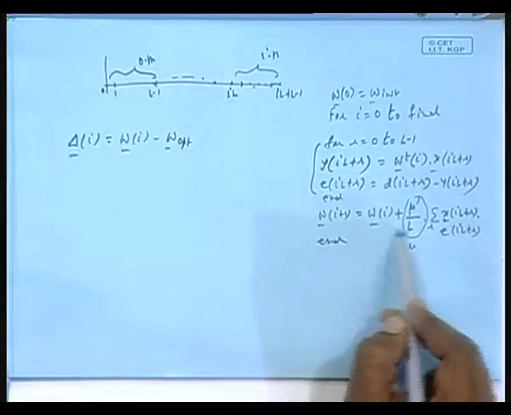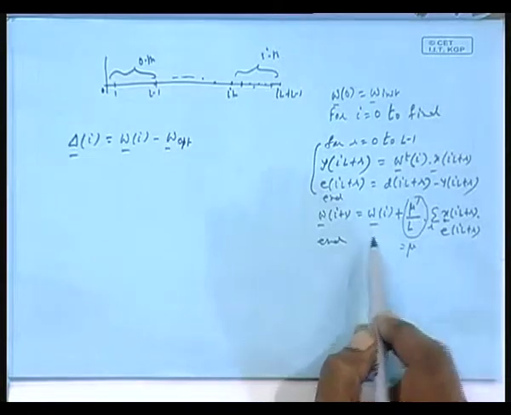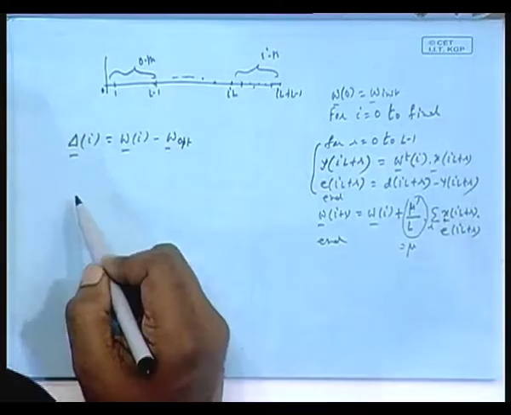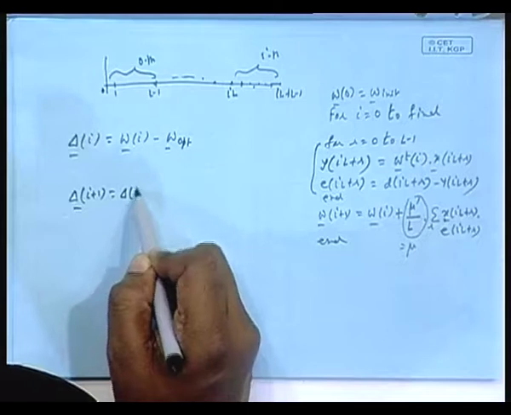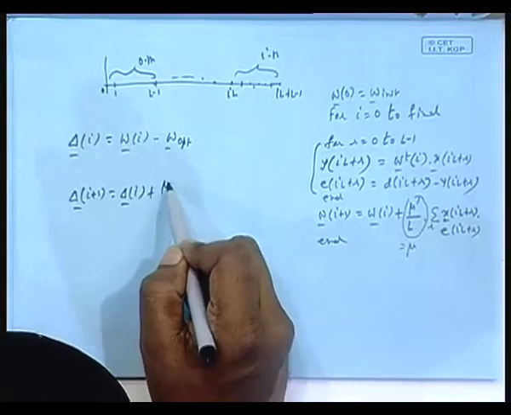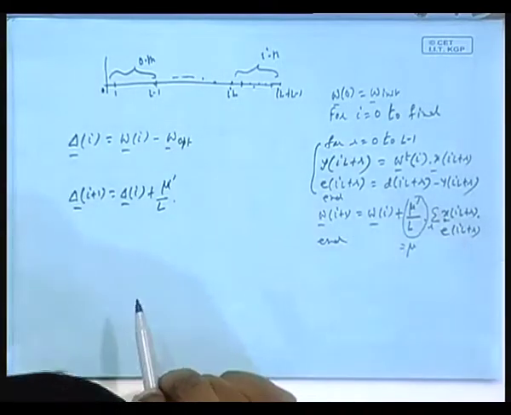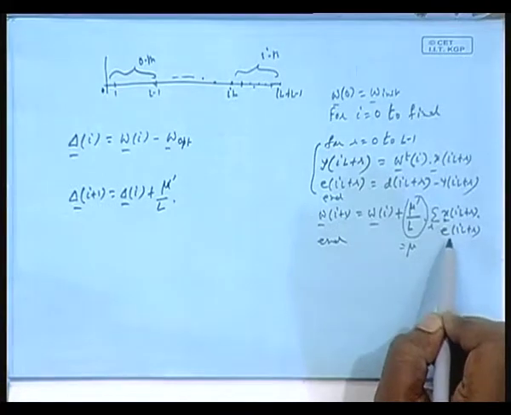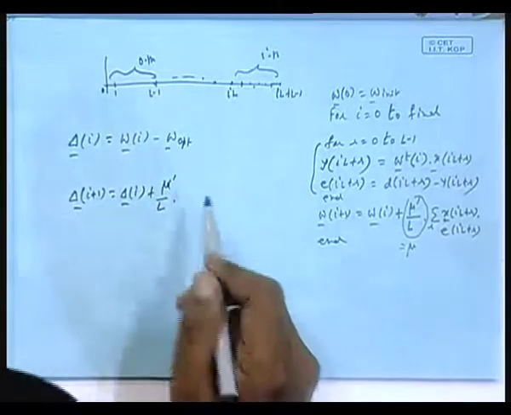So in this weight update equation, from both sides if you subtract W opt, you get delta i plus 1 as delta i plus, say, mu prime by L into this thing. But I have told you that this error itself also contains information about W. So that has to be taken out, isn't it?